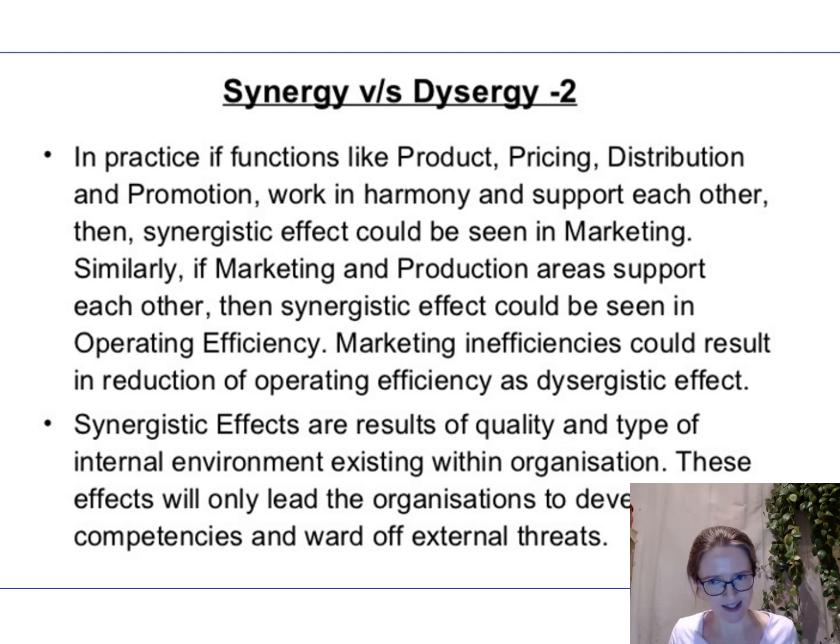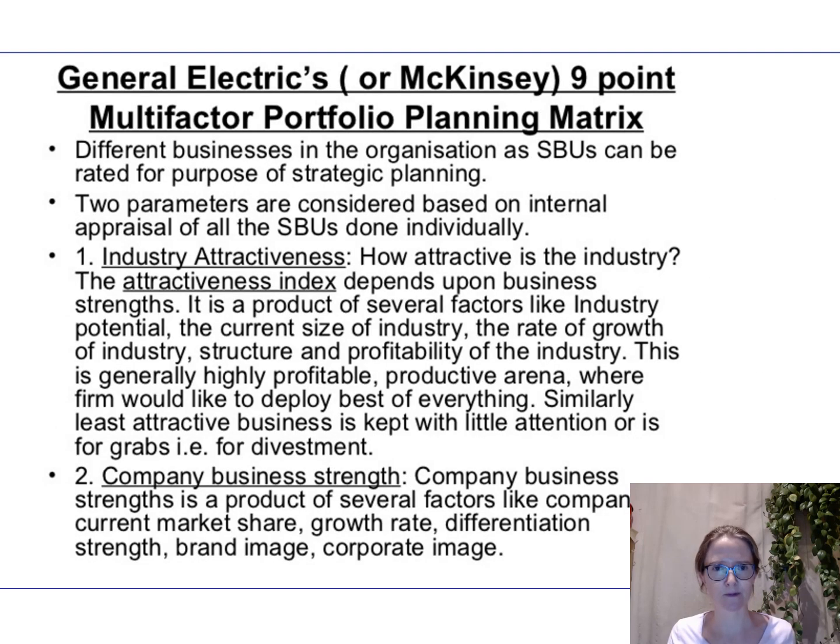Marketing inefficiencies could result in reduction of operating efficiency as a dysynergistic effect. So synergistic effects are results of the quality and type of internal environment existing within the organisation. These effects will only lead the organisation to develop competencies and ward off external threats.